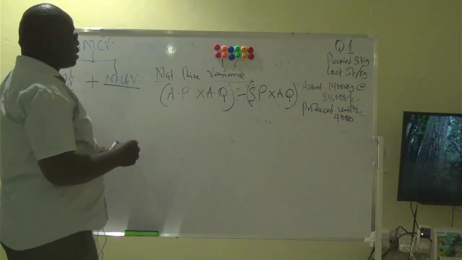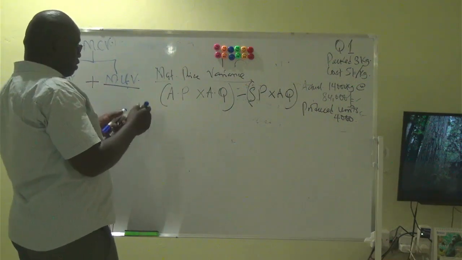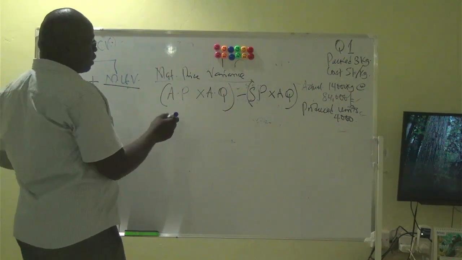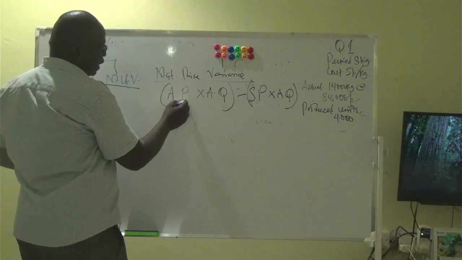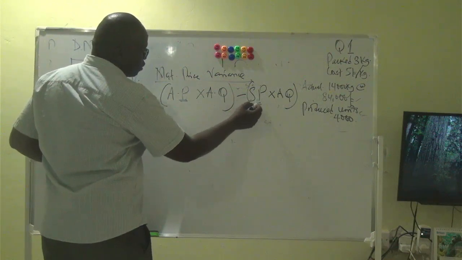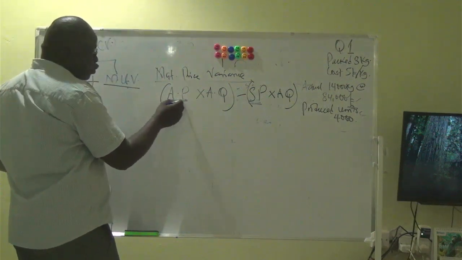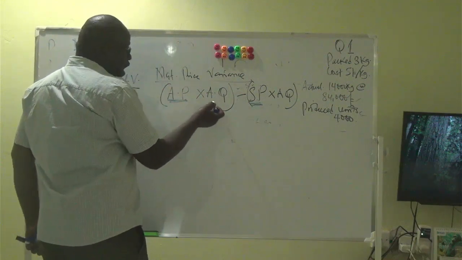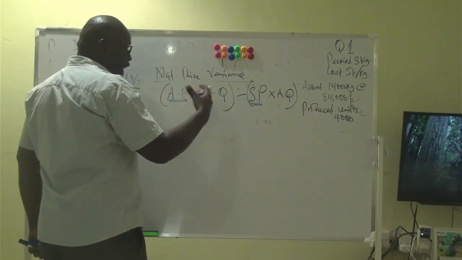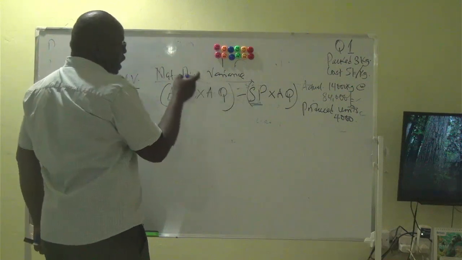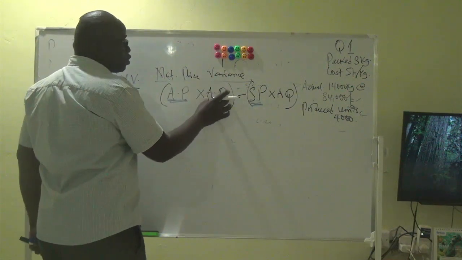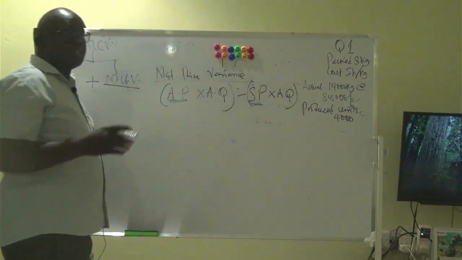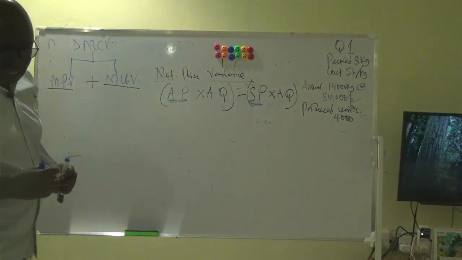Whatever we are looking at here, the variance that we are considering is a variance on price. So you'll see an actual price and a standard price. But the actual quantity, under material price variance, we are not touching it. It remains the same.